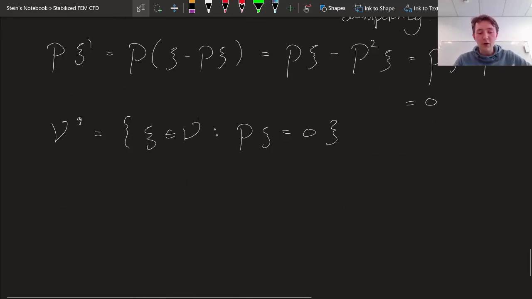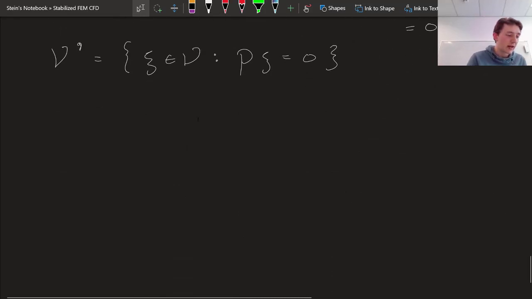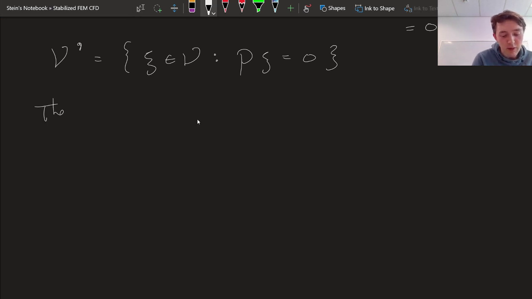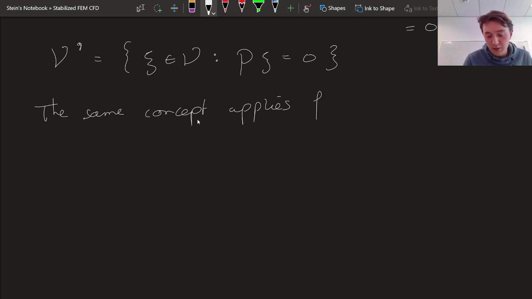So I focused on linear algebra here because that's something I can draw, but we're interested in functional analysis. So I should emphasize now that the same concept applies for function spaces.